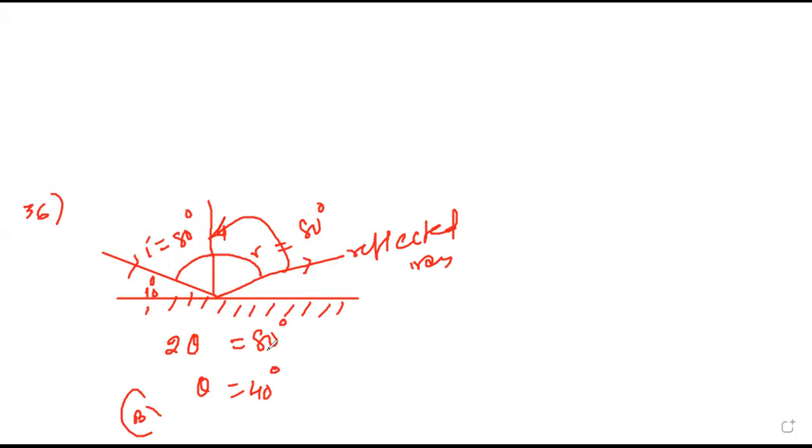Sum 38. When a ray of light is traveling from vacuum to a medium whose refractive index is mu, the angle of incidence is double that of the angle of refraction.